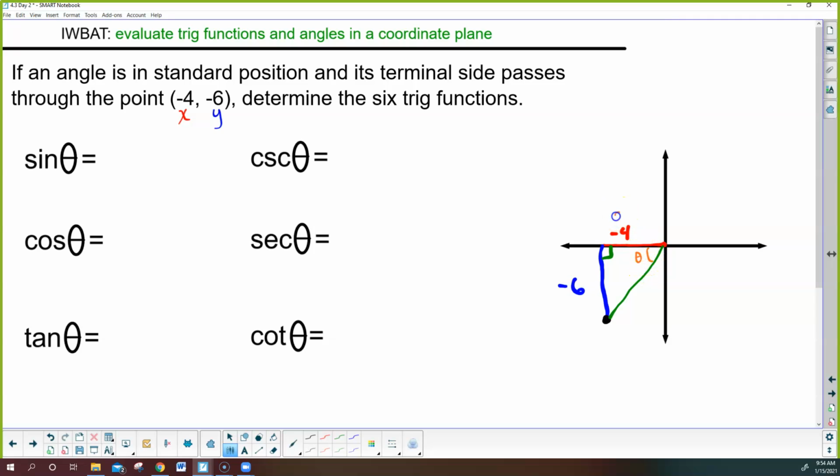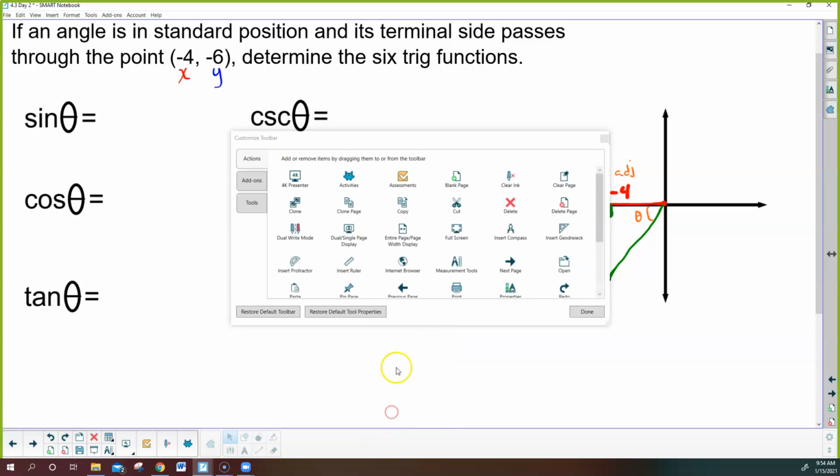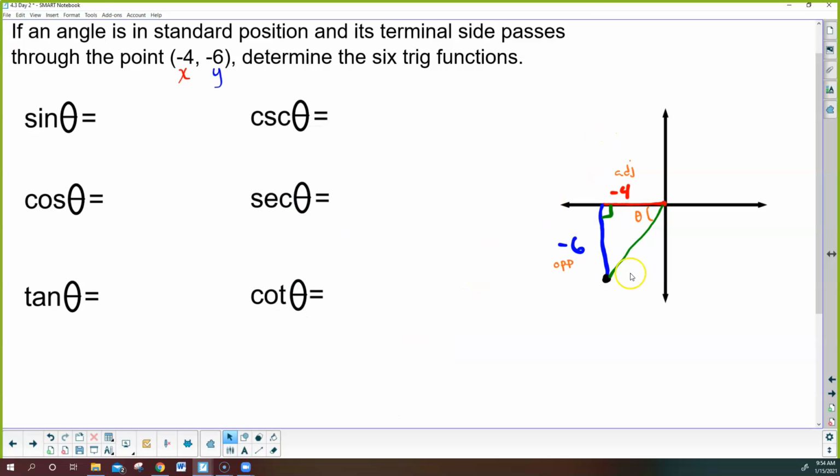And then we also know that here's my adjacent, here's my opposite. The only thing we don't know is the radius. So that's what we've got to do a little bit of work for: we need to figure out how long is the radius r, which would be the hypotenuse.